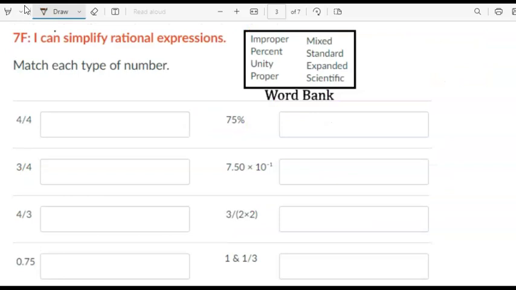7F. I could simplify rational expressions. Match each type of number using this word bank. 4 over 4 equals 1. If you have a 1 fraction, that's called a unity fraction. 3 over 4, that is a proper fraction. 4 over 3, that is an improper fraction.